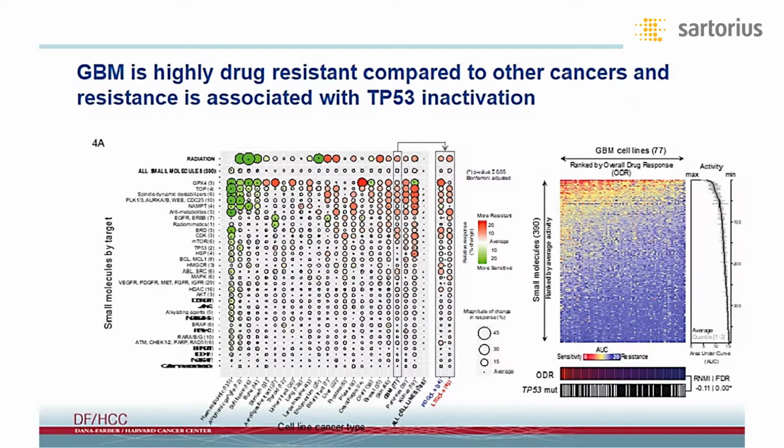Interestingly, over on the far right of this image, you can see that the patient-derived, more recent three-dimensional models had more green bubbles. They were weak green bubbles, but they represented that they had more sensitivities than the two-dimensional models, even in this overall survey of cancer drug space.